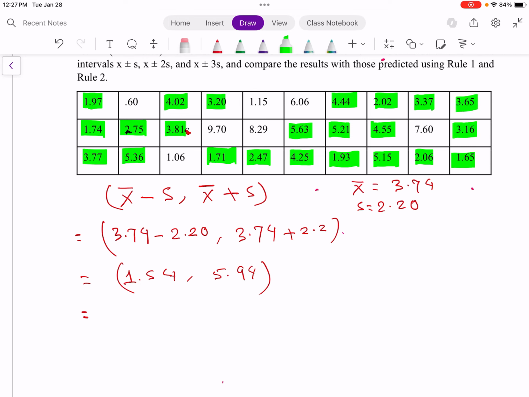Okay, we are counting every measurement which is in between 1.54 and 5.94.